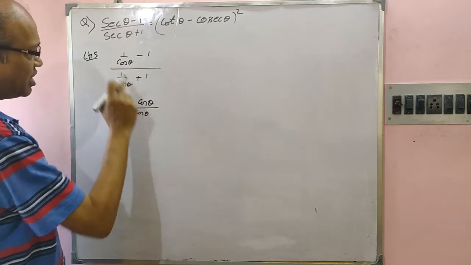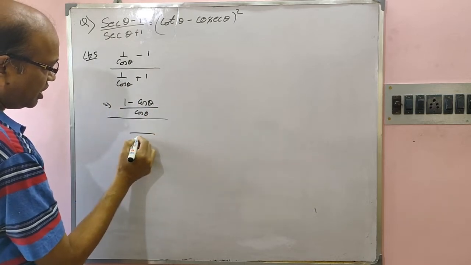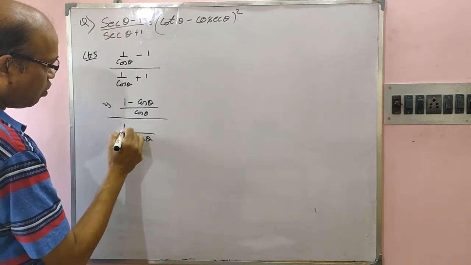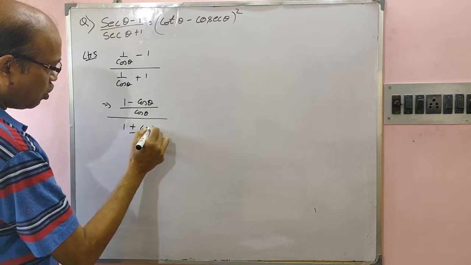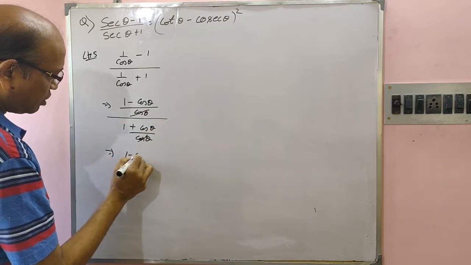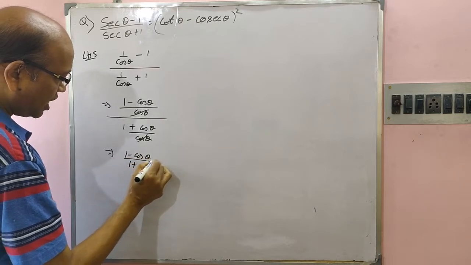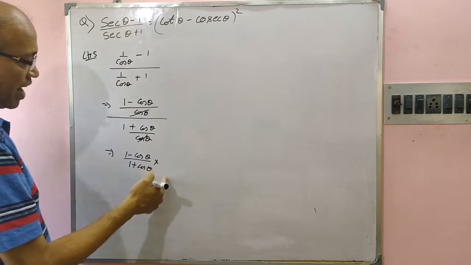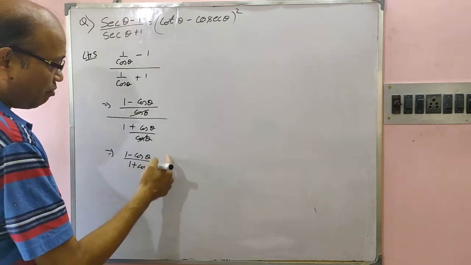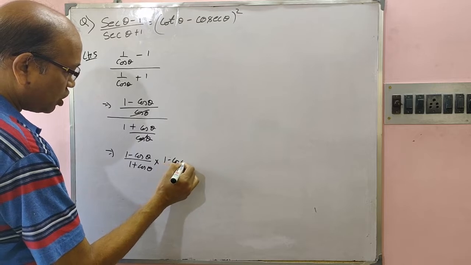Taking cos theta as the LCM, 1 minus cos theta. Again, taking cos theta as the LCM, I get here 1 plus cos theta. This gets cancelled out, so I get 1 minus cos theta by 1 plus cos theta. Now divide and multiply with 1 minus cos theta.